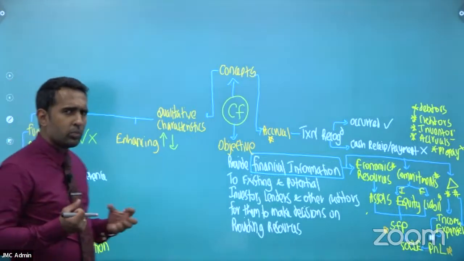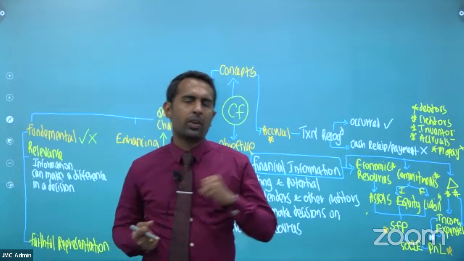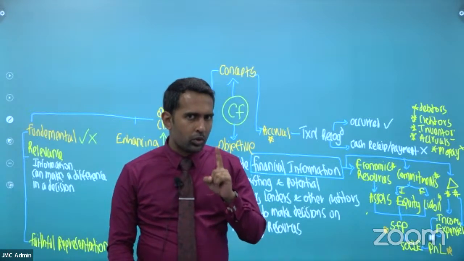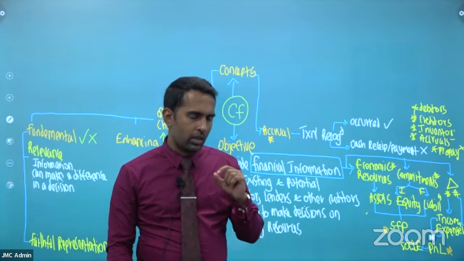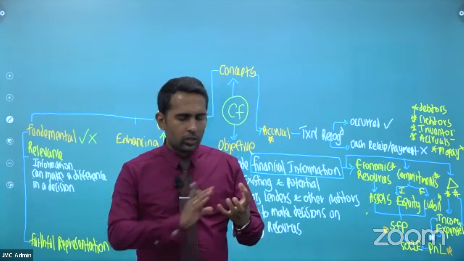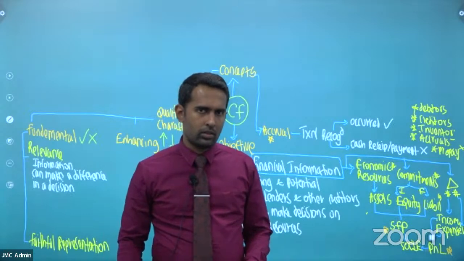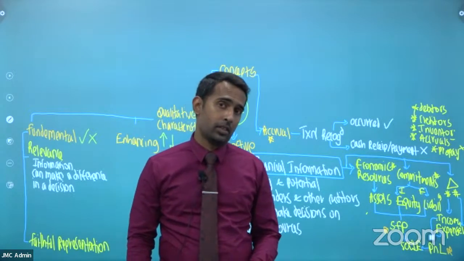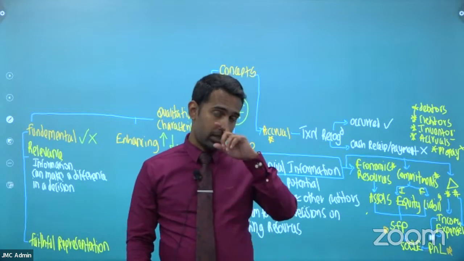If an information is powerful enough to make a difference, right? Before receiving that information, you were having a different decision. As soon as you got the information, that totally changed the decision. Then we say that information is relevant.